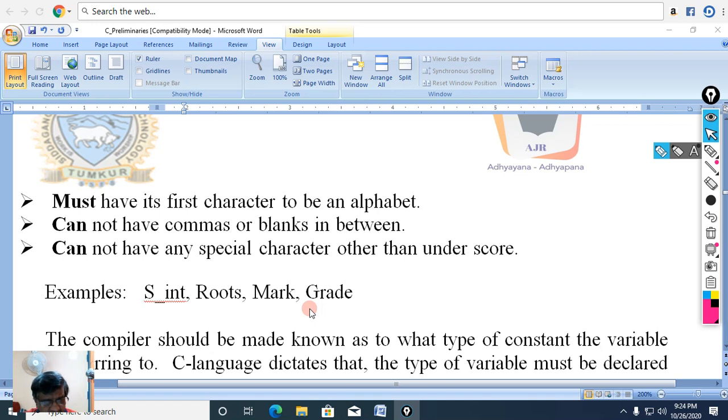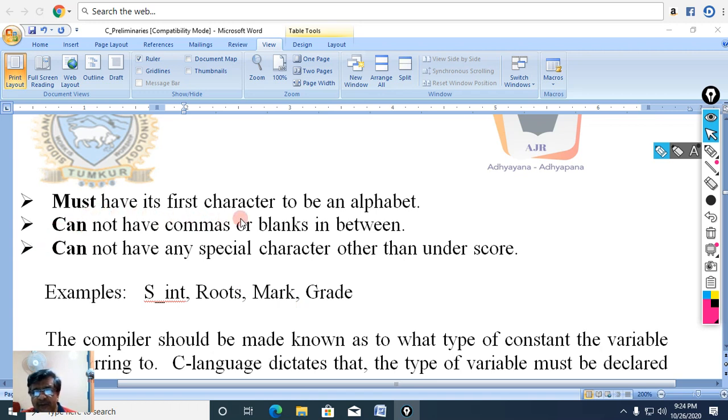We call sum a sum, product a product, sum of the products to be sum of the products, salary a salary, serial number to be a serial number. We should stop using A, B, C, D or X, Y, Z, because they connote nothing. In fact, they may take the user to some sort of a confusion state. Therefore, it is in the hands of the programmer to give meaningful names for the variables.